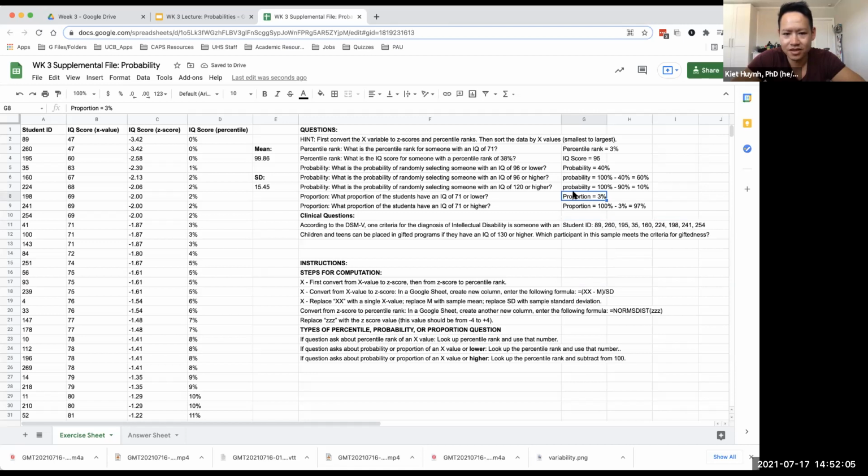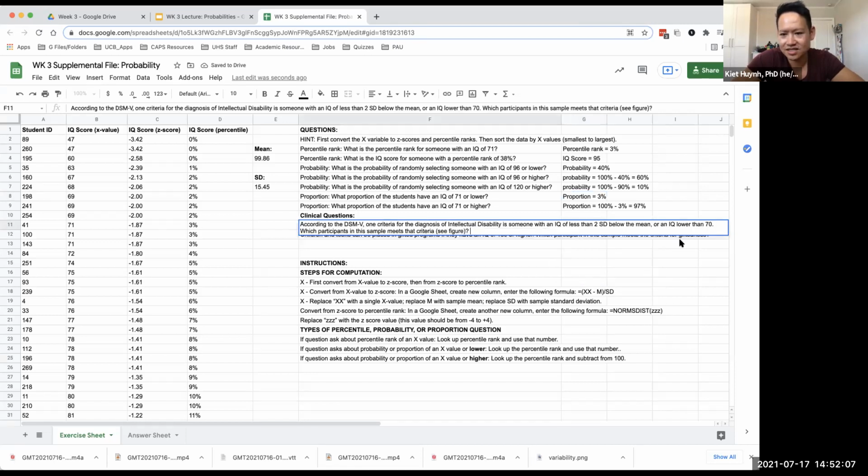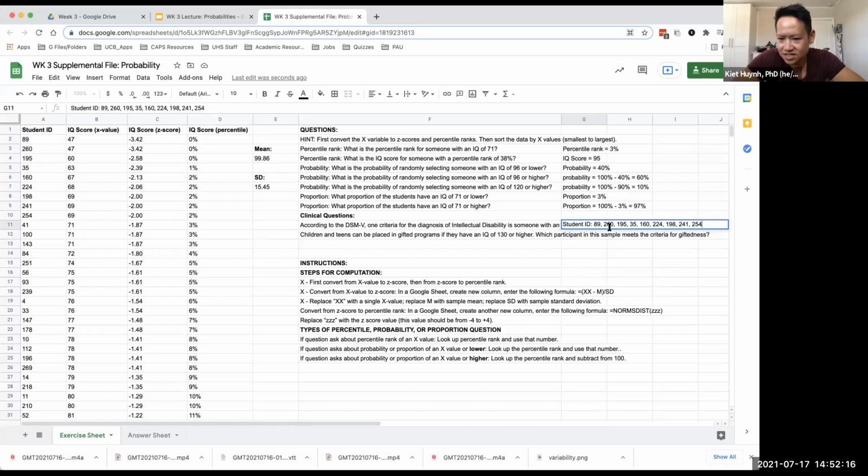There you go. The question is, which students have an IQ score of 70 or below and would meet the diagnosis for intellectual disability? Students number 89, 260, 195, 35, 160, 224, 198, 241, and 254 would meet this criterion, or be in this group.